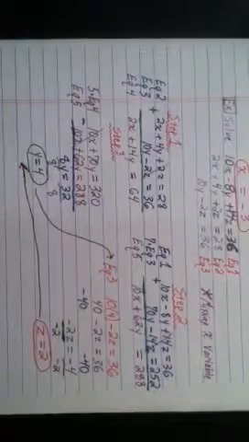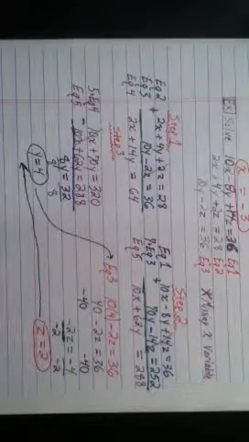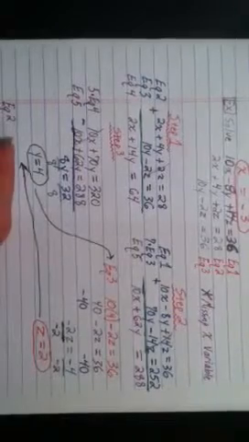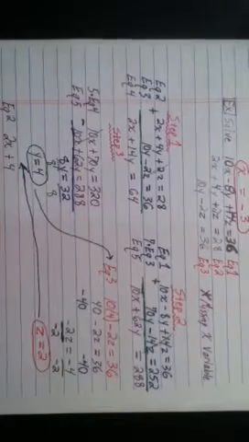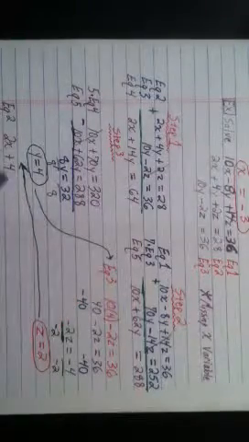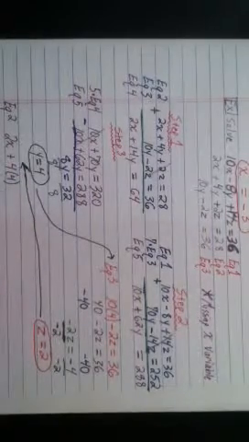Bring it back over here, give us some room. Equation 2 was 2x plus 4 times our y coordinate, which was 4, plus 2 times our z coordinate, which was 2, equals 28.